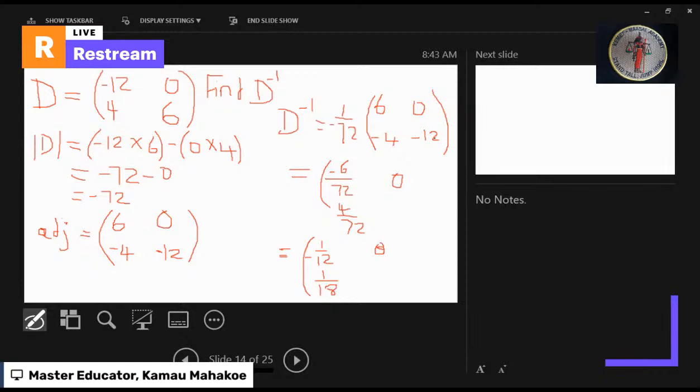Negative 1 over 72 times negative 12 will give a positive 12 over 72. And 12 into 12, 1. 12 into 72, 6. So that's positive 1/6. And that is our inverse of matrix D.